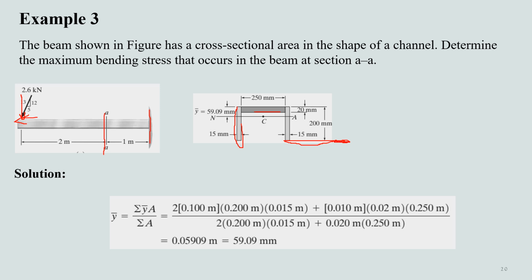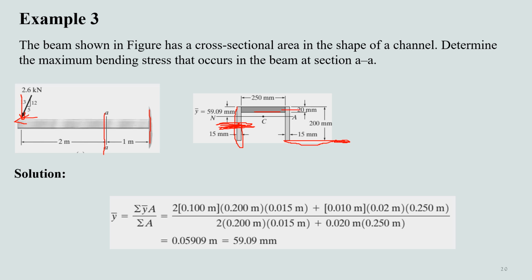So the y bar, the point of symmetry for this bar, is 100 mm from the bottom. But what will be the location for this other bar? It will be 110 mm, because the central point for this bar is here.